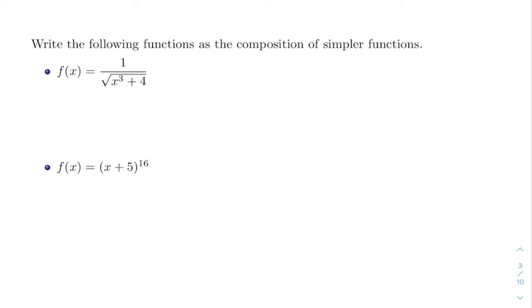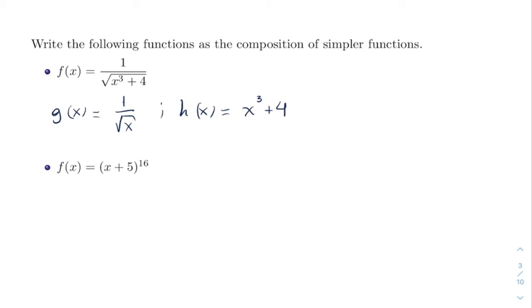In this case, we have that f of x is equal to 1 over the square root of x cubed plus 4. So maybe two functions that appear here are g of x equals 1 over the square root of x, and h of x, which is equal to x cubed plus 4.